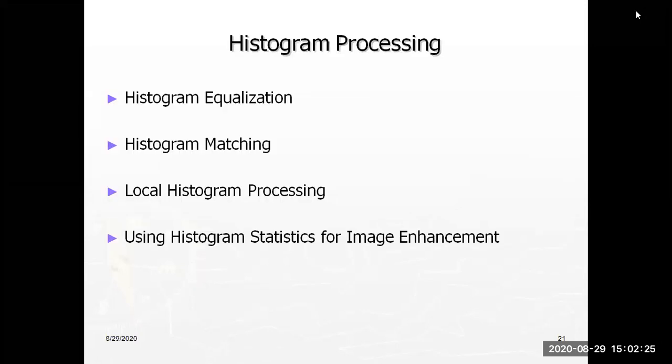Tomorrow we will discuss how we enhance the image with histogram processing. In histogram processing there are four different types of histogram techniques. Before going to that, first we have to define what a histogram is. I will show it tomorrow.